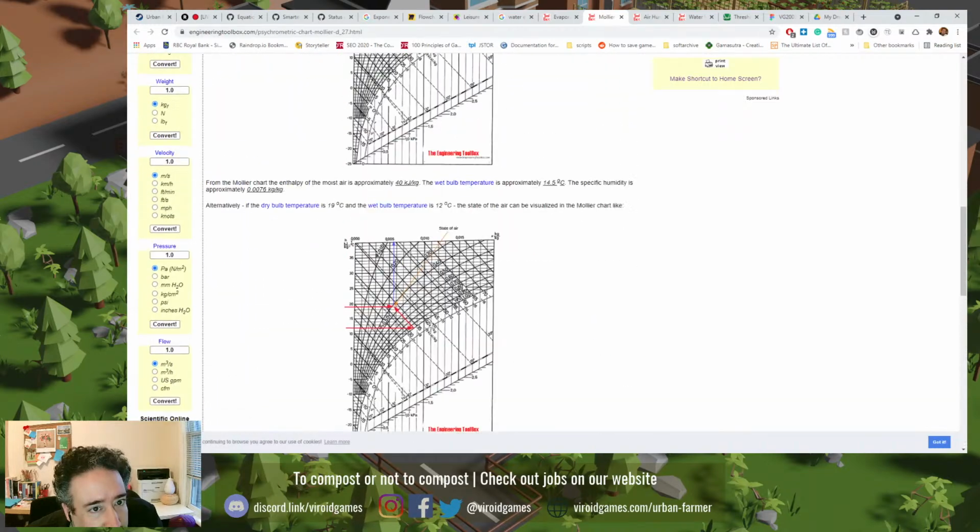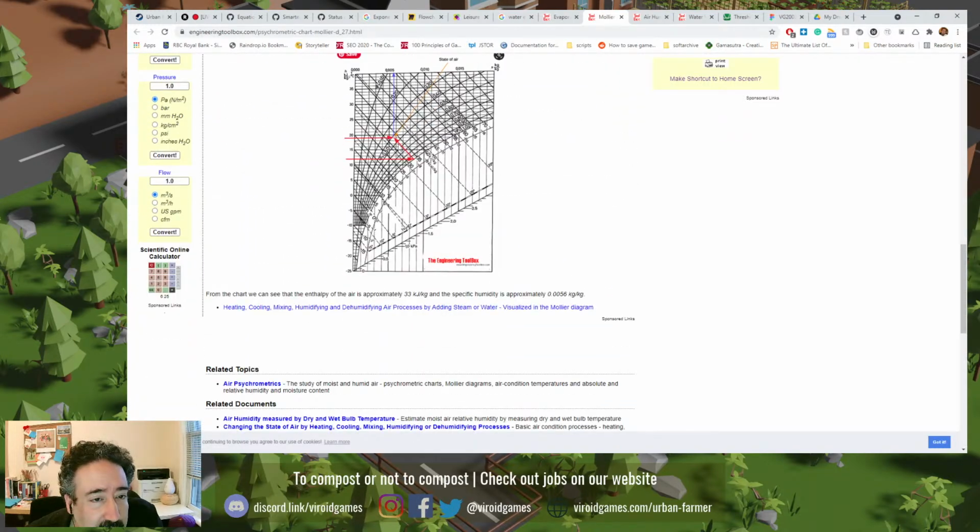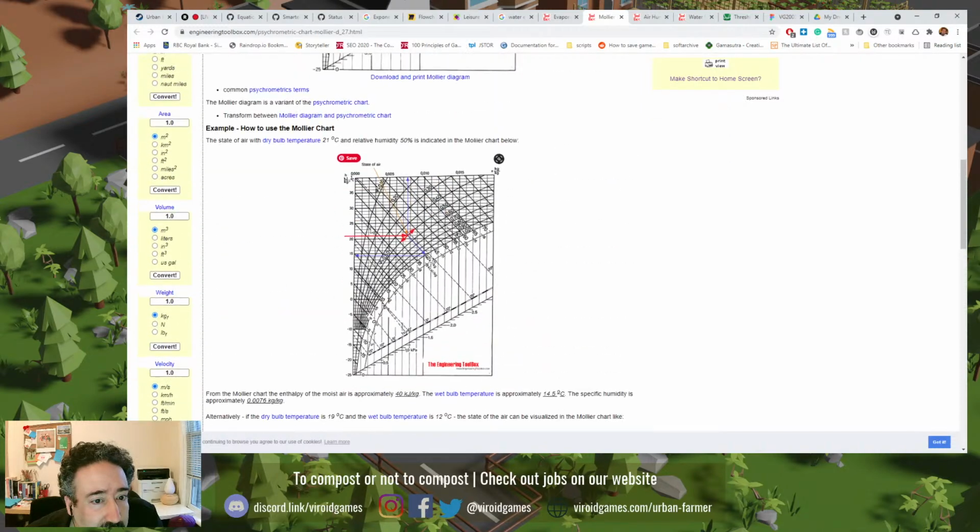Fortunately, they don't have a table. I was going to, okay, I think they already say 21, and then 50% is indicated as this. Fortunately, this is actually marked as 40 here.